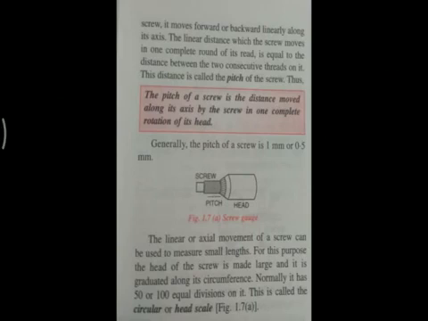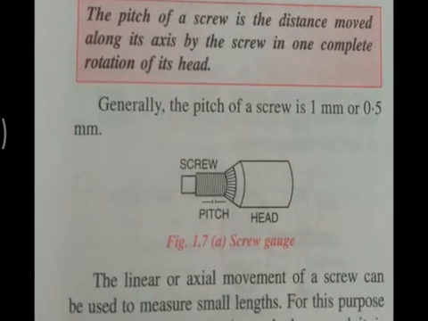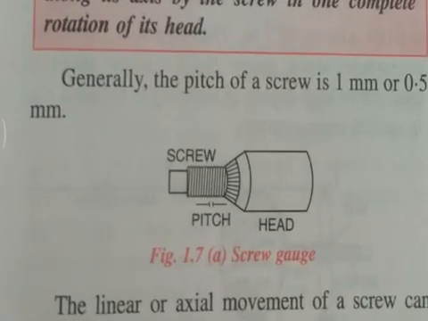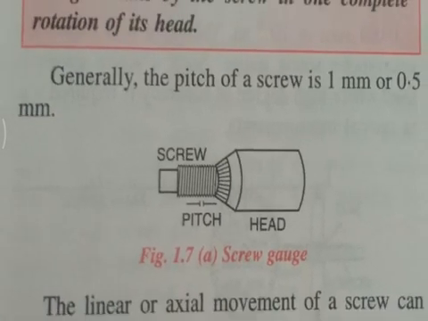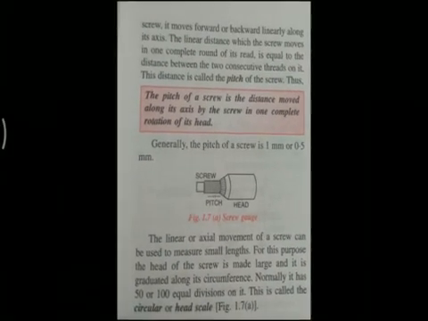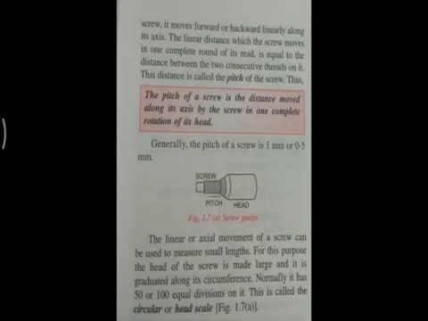So this is the general diagram of a screw gauge, where a screw is there and over the screw a circular head is there that is movable. This head moves forward and backward in a linear way along its axis, and the linear distance the screw moves in one complete round of the head is equal to the distance between two consecutive threads.